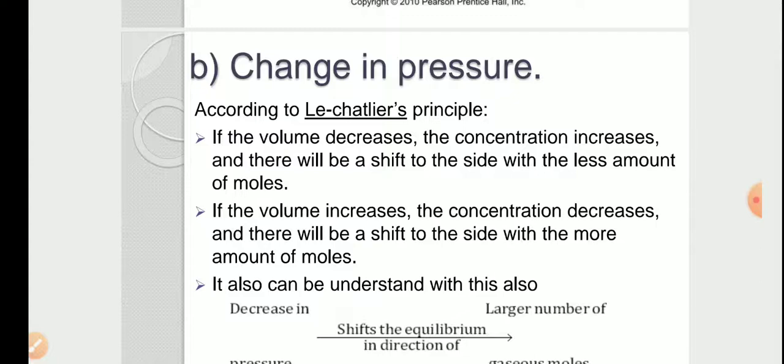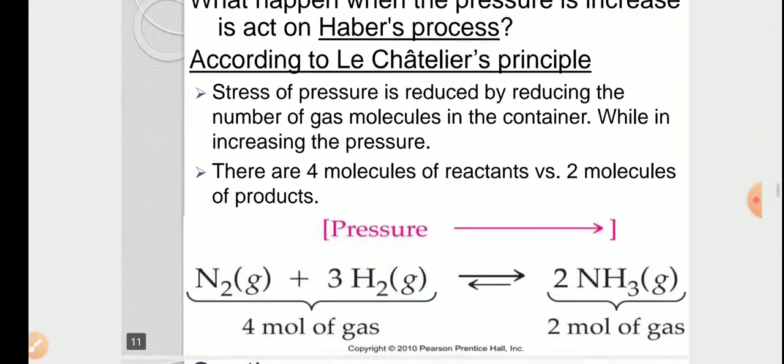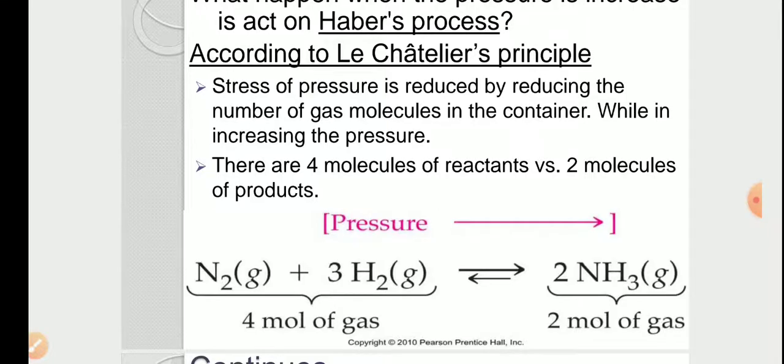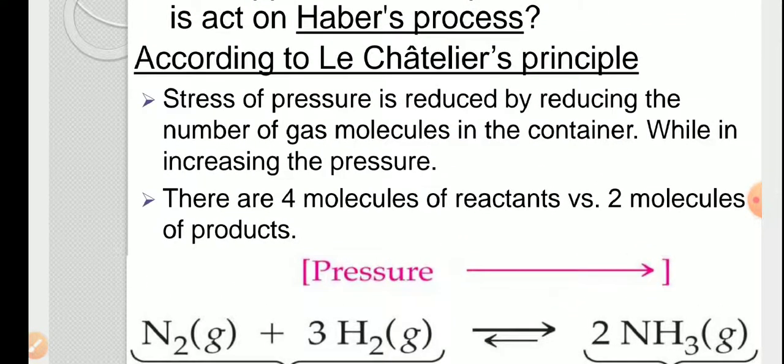I'm sorry, 1 molecule of nitrogen and 3 molecules of hydrogen form 2 molecules of ammonia. So on the left hand side, the reactant is 4 molecules, and it is converted to 2 molecules, that is, the product is 2 molecules.